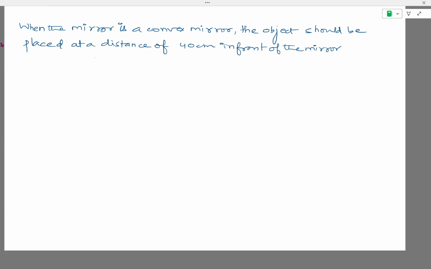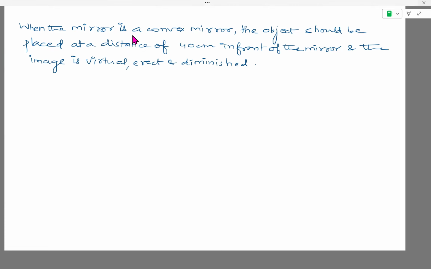Okay. When the mirror is a convex mirror, the object should be placed at a distance of 40 centimeters in front of the convex mirror, or just the mirror, in front of the mirror. Okay. And the image is virtual, erect, and diminished.